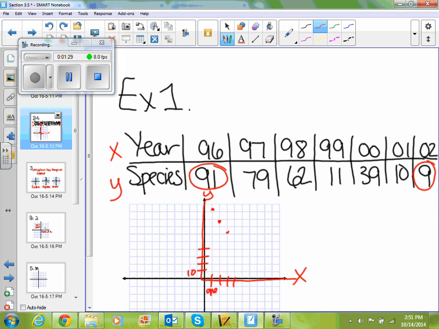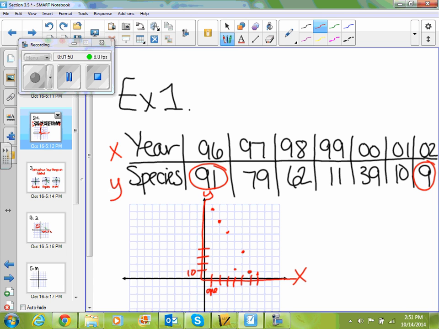At 1999, I'm at 11, so over 4, up just barely over 10. At 2000, I'm at 39, so almost a 4. At 2001, I'm at 10 exactly, and at 2002, I'm at 9.